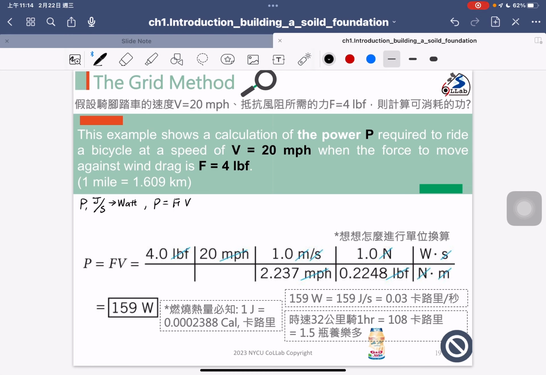So we should convert the units first. Sometimes we say we should keep the units consistent. Then we can look at the questions.